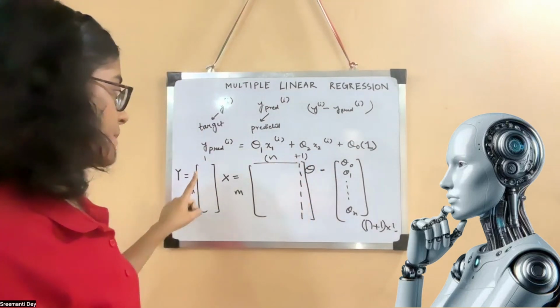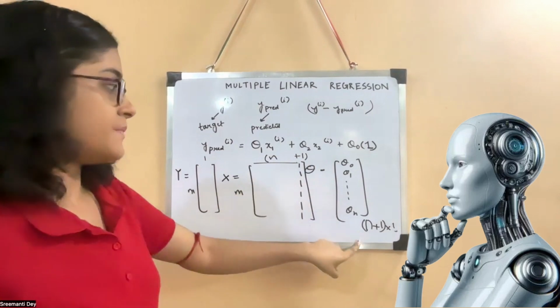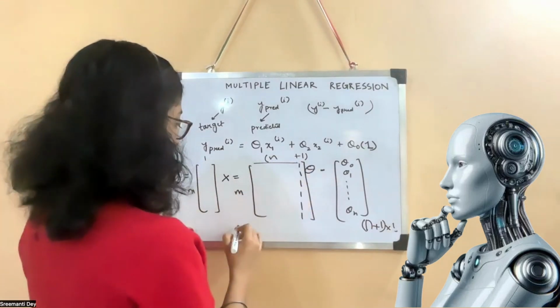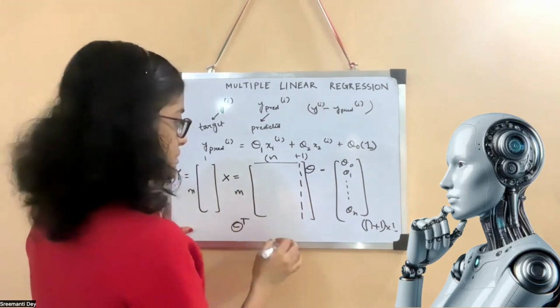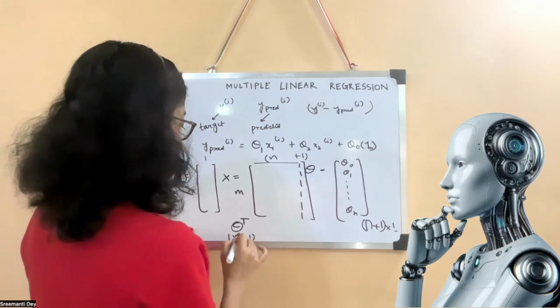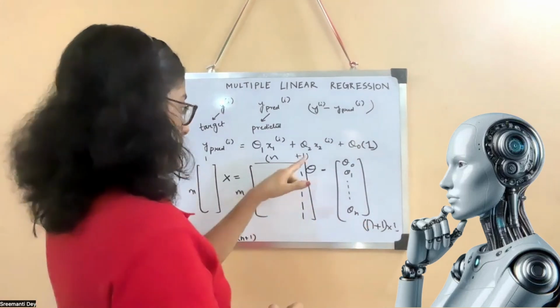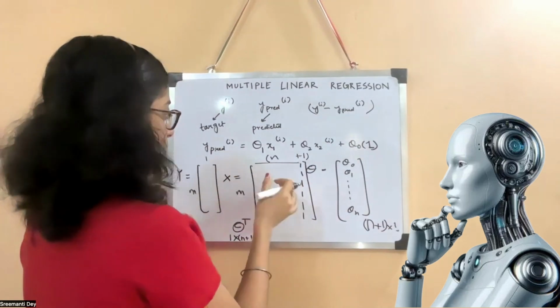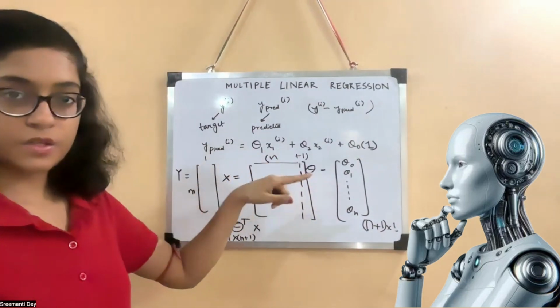So now you can see this is m cross 1, this is m cross n plus 1, this is n plus 1 cross 1. So we have a matrix multiplication here. So if we have theta transpose, what would theta transpose be like? 1 cross n plus 1. And then we'll have x. So we can write x in the form of n plus 1 cross m as well.